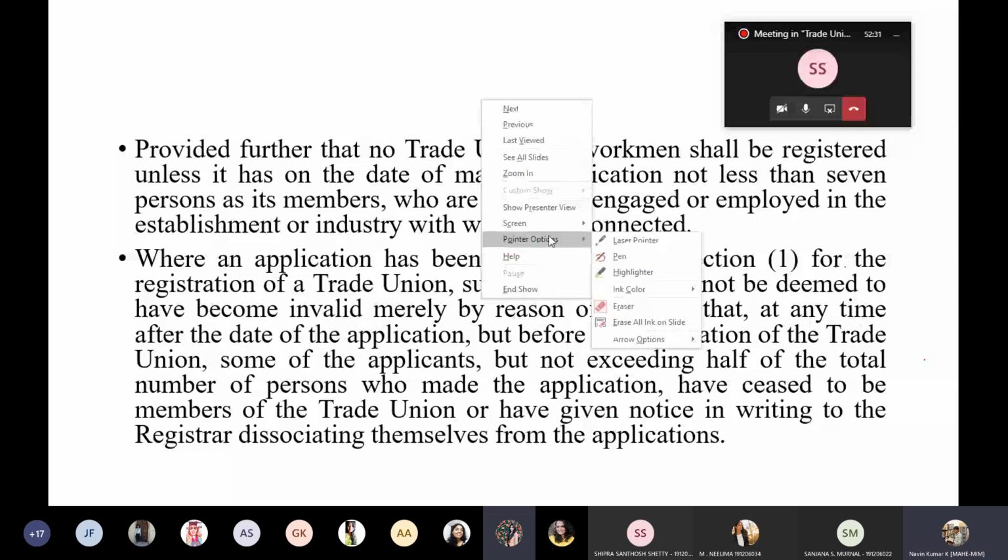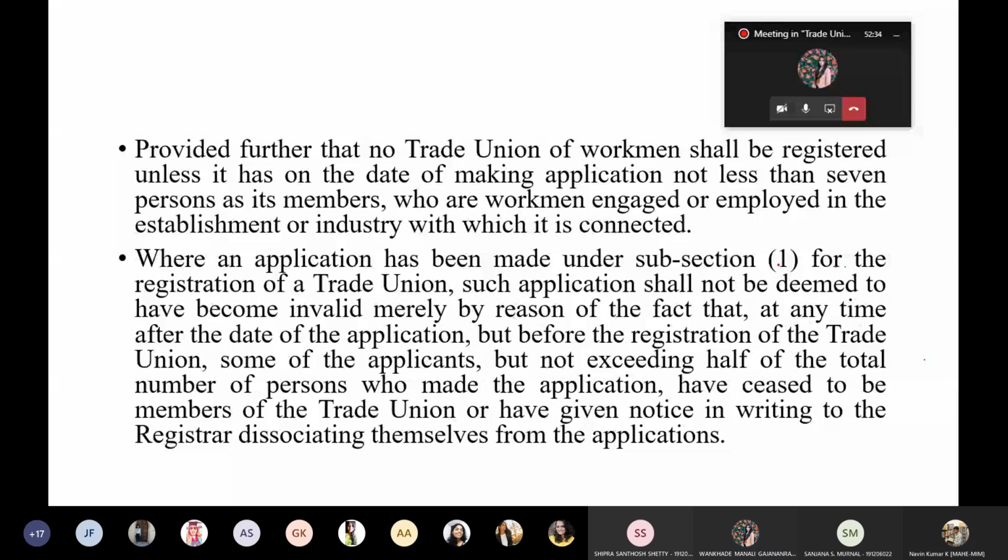Provided further that no trade union. Madam, second paragraph. Where an application has been made under subsection 1 for the registration of the trade union, such application. No, subsection 1 in the sense of what we studied: under subsection 1 we discussed 7 subscribers.